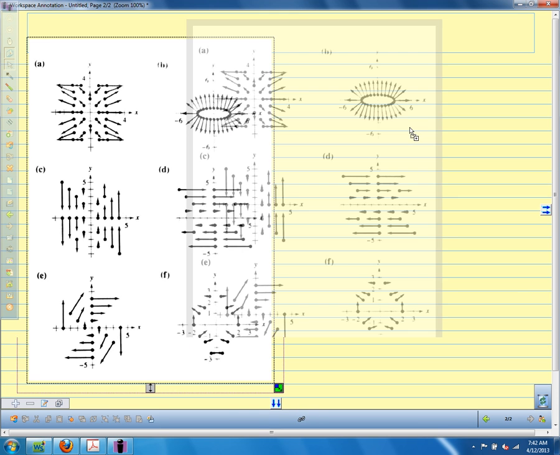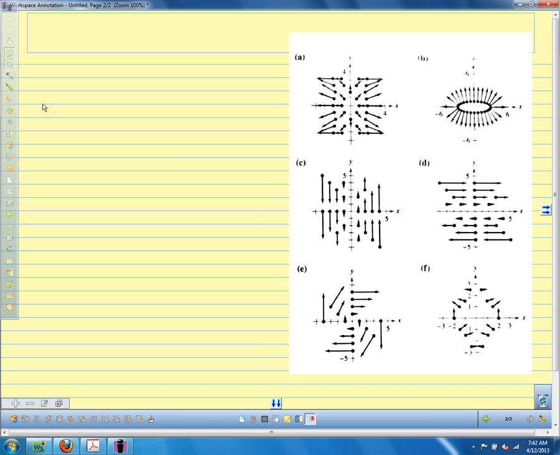All right, so there are my graphs, and we want to match these to some vector fields.